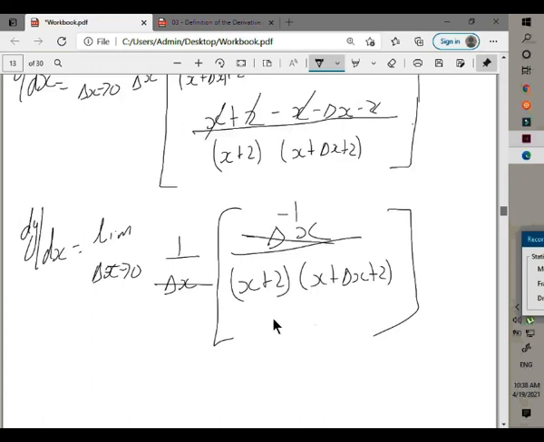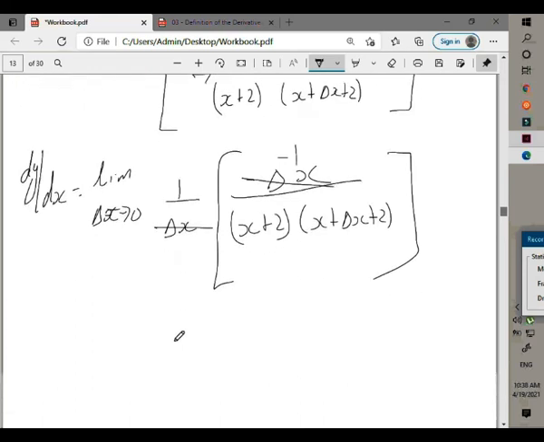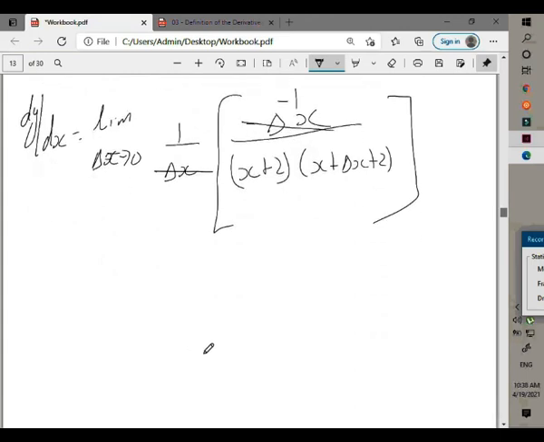Slash. So you're left with minus 1 at the top. Yeah, so we can now substitute in delta x equal to 0. So dy upon dx is equal to minus 1 over x plus 2.